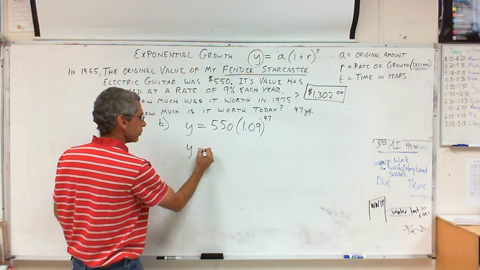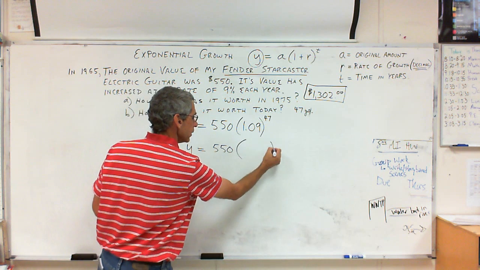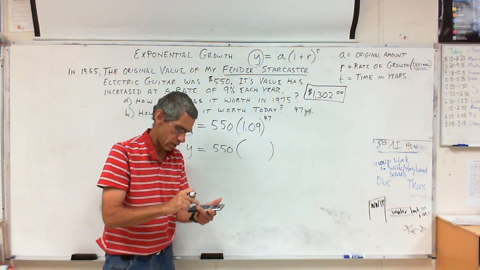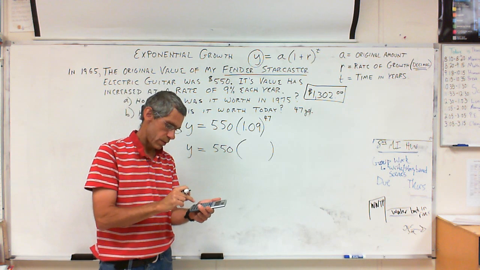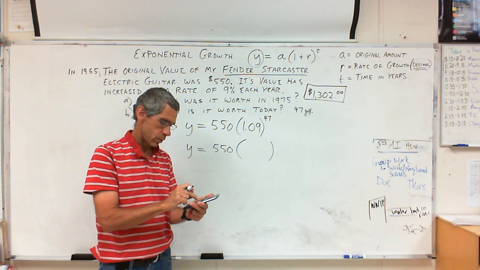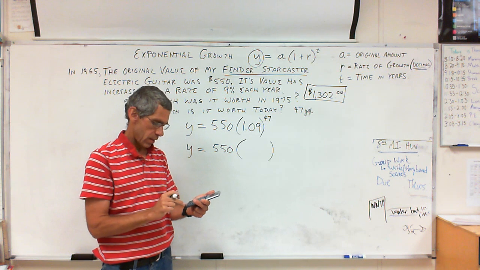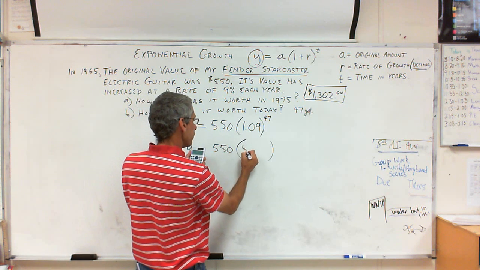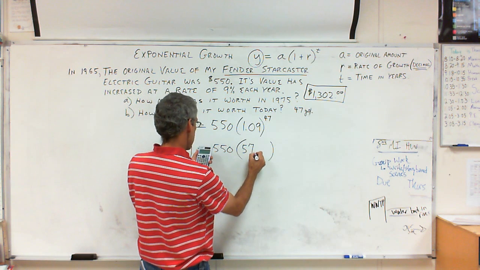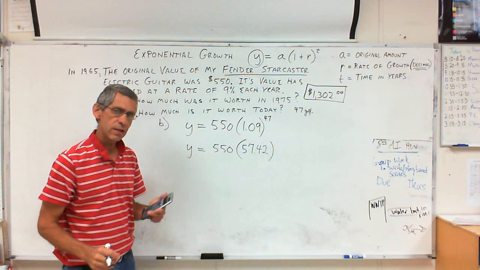So we got Y is equal to 550 times, and let's figure out what that is. We're going to start this again. Clear. Okay, so we got 1.09. I'm going to raise it to the 47th power. Equals, whoa, it equals 57.42.